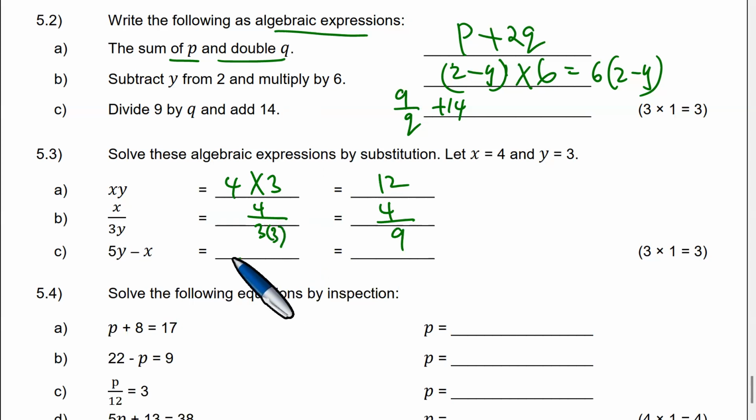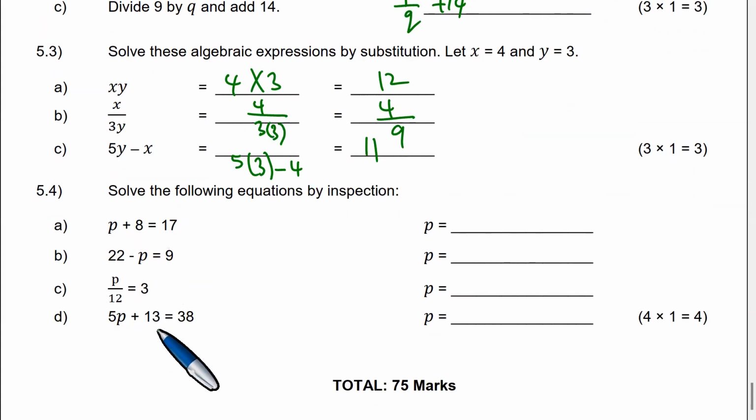And then now here you have 5 times 9. y is 3. y is what? It's 3. So what's the answer here? So 11. Well done, 11.